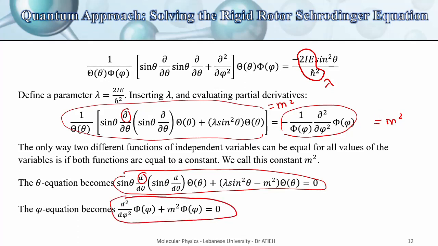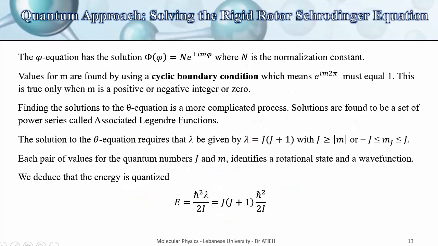Solving this equation is quite easy. It will have an exponential solution. The phi equation has the solution phi equals N e to the plus or minus i m phi, where N is the normalization constant, phi is the variable, and m corresponds to m squared, which is the constant already chosen.